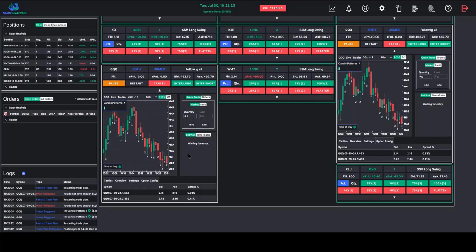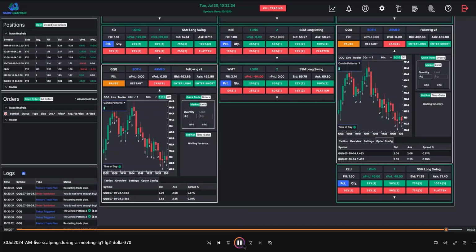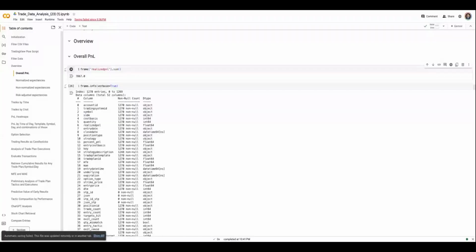I'm now going to show you some of the data analysis. So for the month of July, for both SPY and the Qs, those two trade plans, V1 and V2 combined, have made almost $8,000.